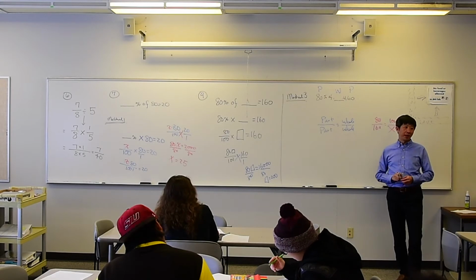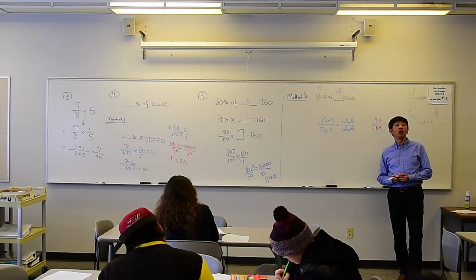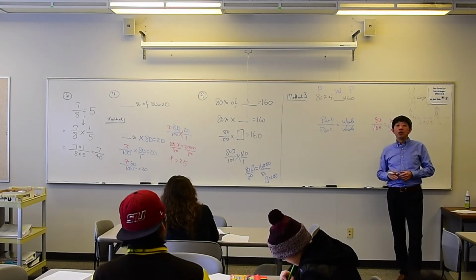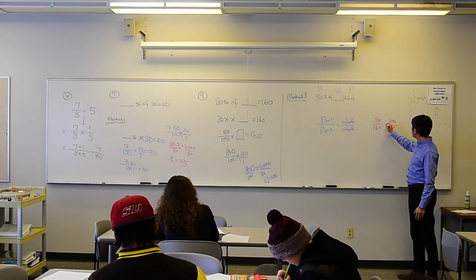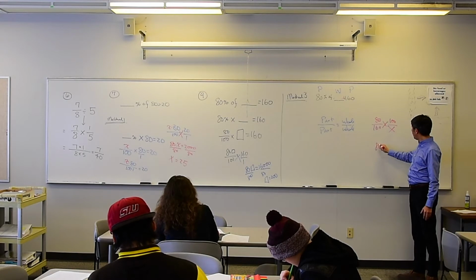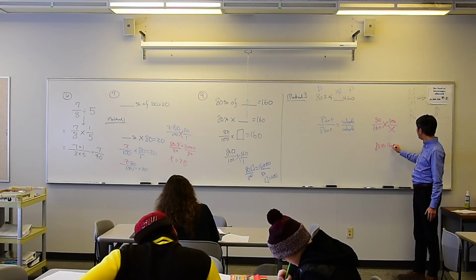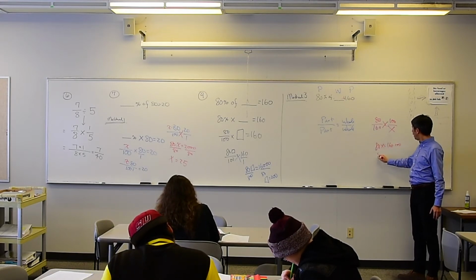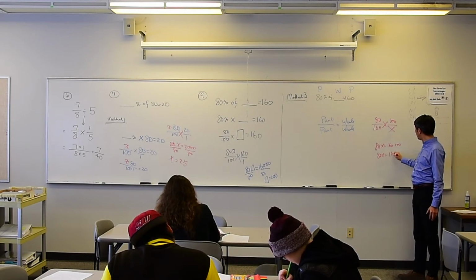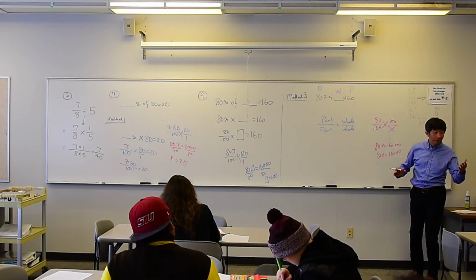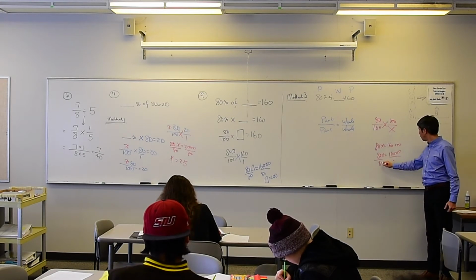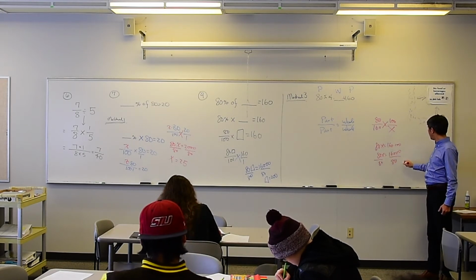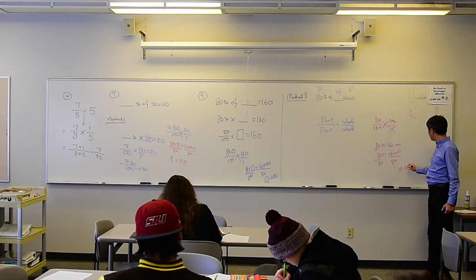Now, can we cross multiply again? Because of equality, it is an equivalent fraction, okay? Now, cross multiply, see what happens. We got 80x equal to 160 times 100. 80x is equal to 16,000. Is that right? Divided by 80. Divided by 80. And we still get x equal to 200.